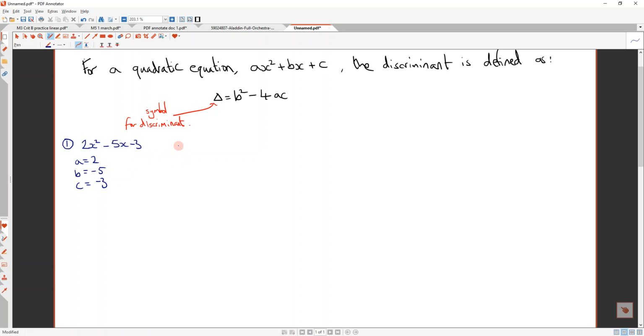And this gave us a discriminant of, so b squared minus 4ac is 49. Right, and that number is positive, okay? It is greater than 0.